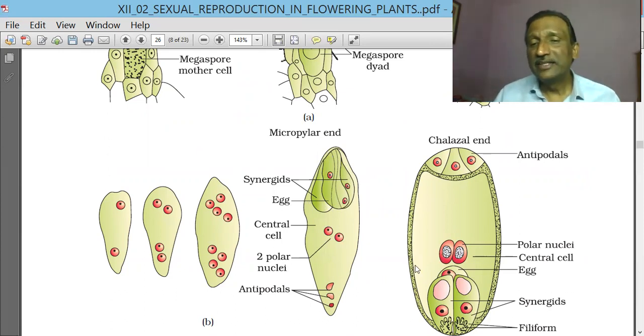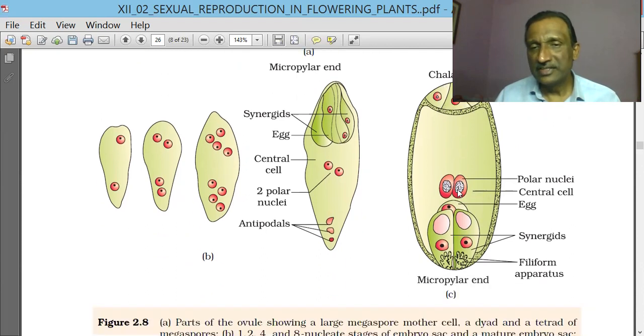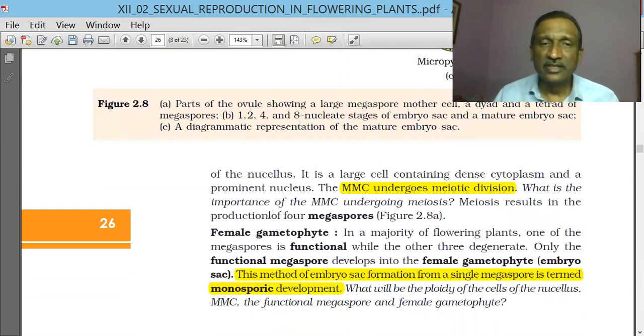And the three which go in the opposite direction, that is the chalazal end, form the antipodal cells. So this is the arrangement we can see: the synergids and egg cell collectively form the egg apparatus, the polar nuclei are found at the center, and the antipodal cells are toward the chalazal end. So these are the various types of cells and their arrangement.